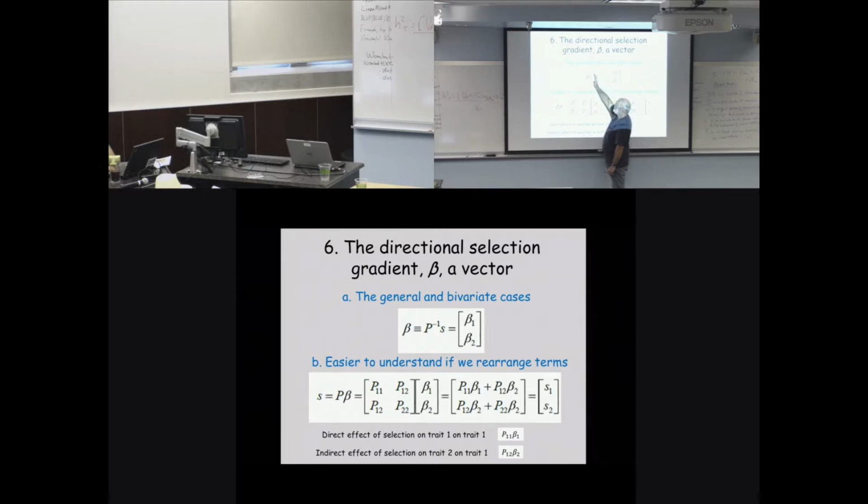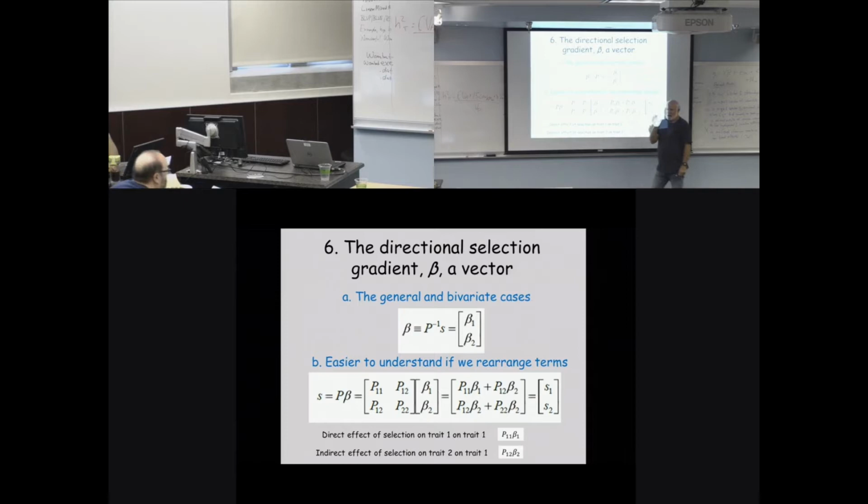Because P times P inverse is like taking 1 times 1 over X, let's say, X times 1 over X in the scalar case. We get 1, and here we get the identity matrix I, multiply that by S, we get S. So in other words, by that little operation this equation converts to this equation, S equals P beta.